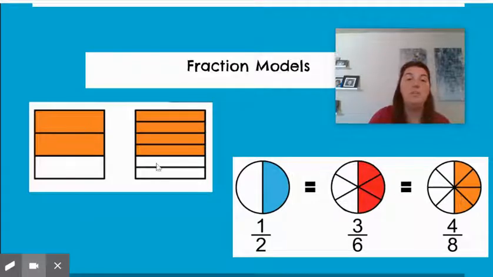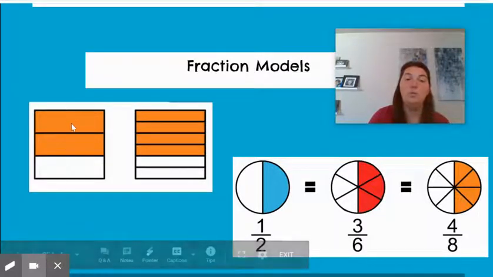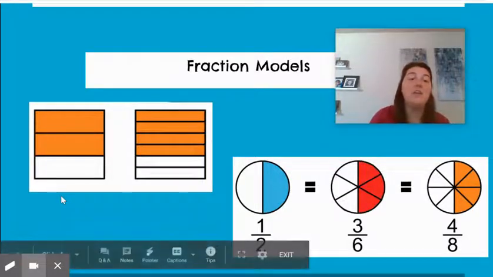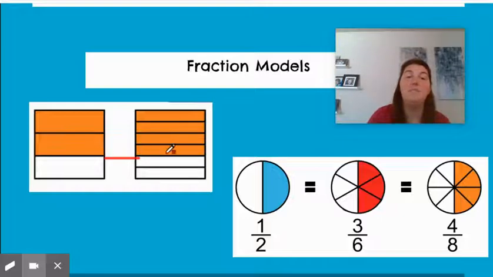So in this first example, we see that 2/3, this fraction is 2 orange pieces and 3 altogether. 2/3 is actually equivalent to 4/6, because they have the same amount of orange.